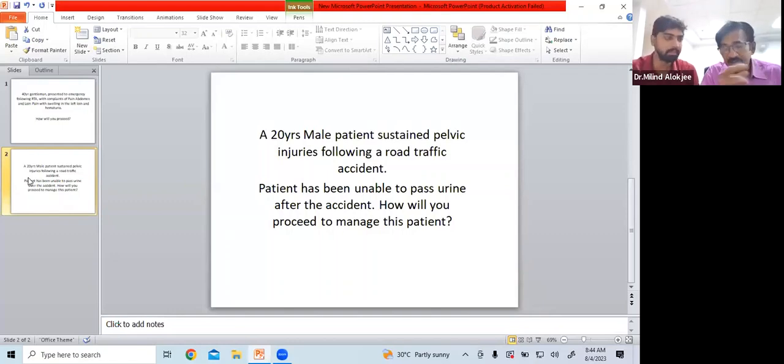No, the bladder is full. Sir, but still he says I'm trying to pass urine. What will you tell him? Will you encourage him to pass urine or ask him to wait? No, sir. I'll ask him to wait. Why? Sir, because the patient may have an extraperitoneal bladder rupture, in which case the patient has the urge to pass urine but is not able to pass.